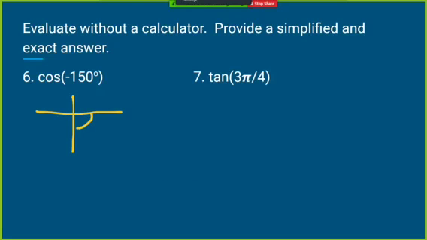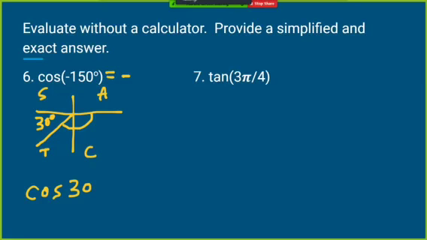Negative 150 has a 30-degree reference angle, and it's in quadrant 3. Since it's in quadrant 3, we know that our answer is going to be negative. Then I'm going to look at the cosine of 30, and that is equal to root 3 over 2. So the cosine of negative 150 is going to be negative root 3 over 2.